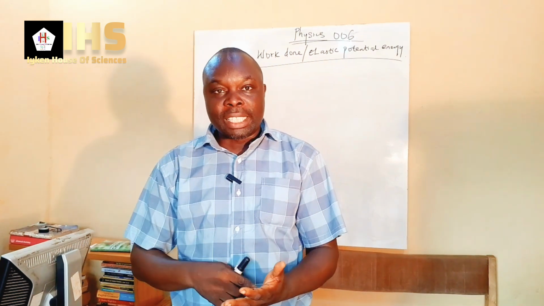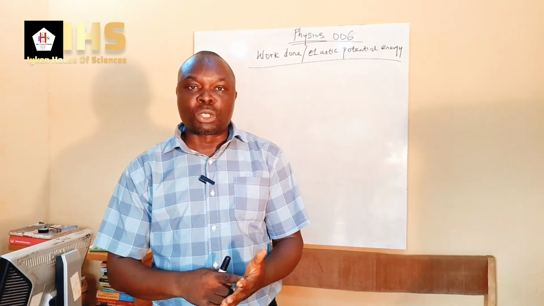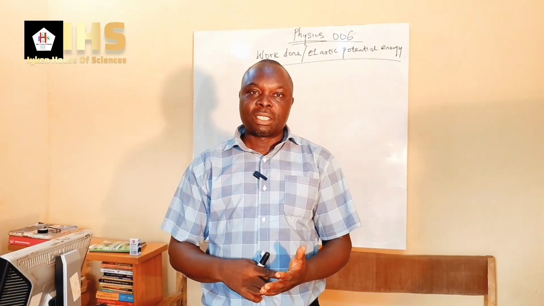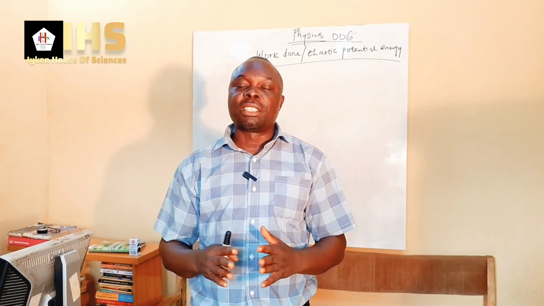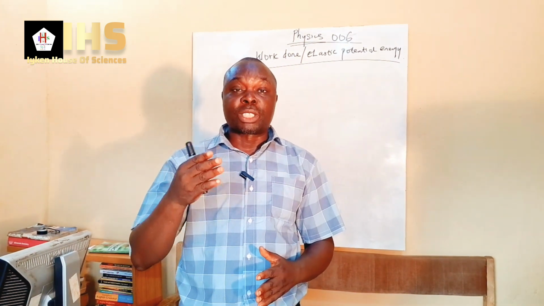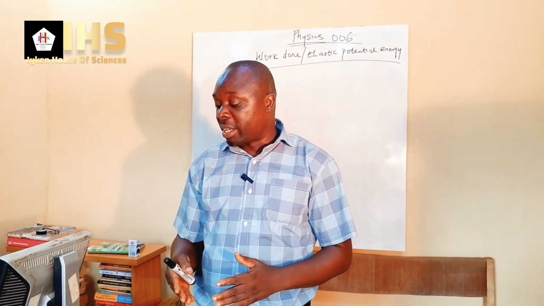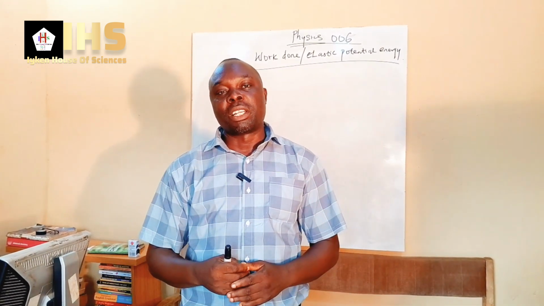I explained to you that stress simply means force over area, having the units of Newton per meter squared, and strain is the increase in length over the original length, which I say is dimensionless because the unit of extension is meter and that of the original length is meter. So if you cancel out, it's dimensionless.